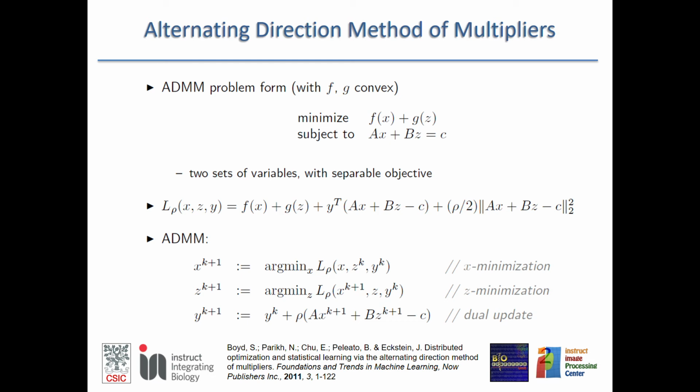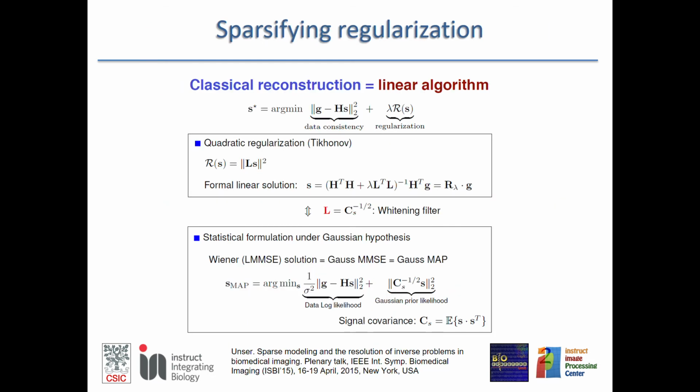We don't have the reference here because when I prepared these slides a few years ago, the paper was not published, but we now have a paper with Michael Unser and myself, in which we apply ADMM to single particle reconstruction.